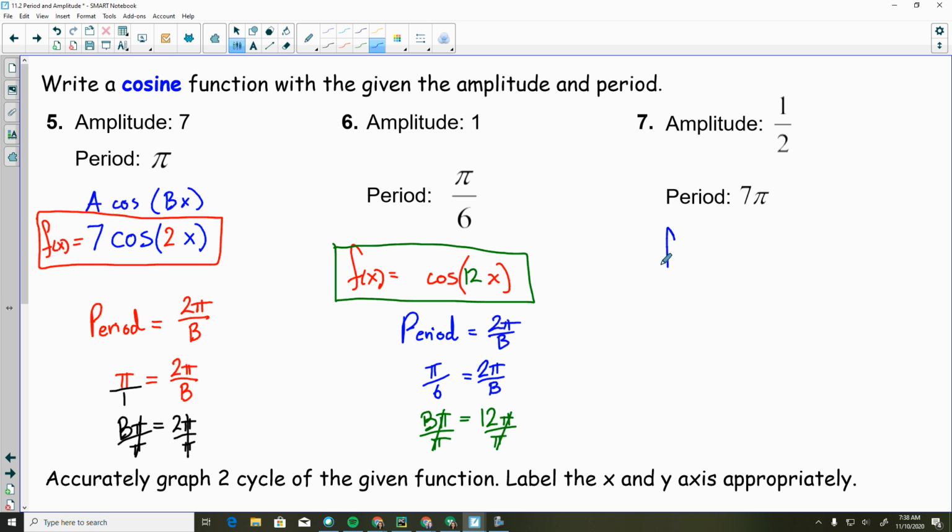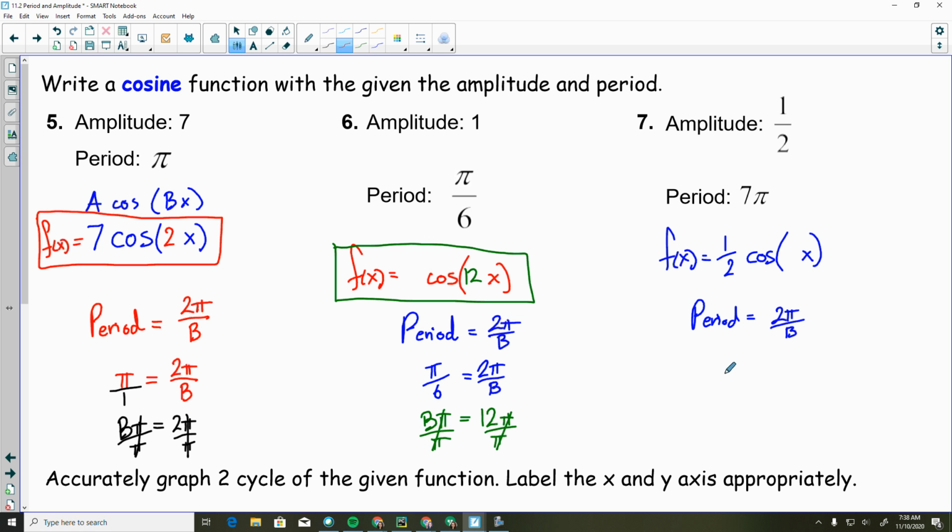One last time. Cosine there. The amplitude is 1/2, so I can put that at the very front. And then using this formula that we have for the last two problems, I know that period is equal to 2 pi divided by b.